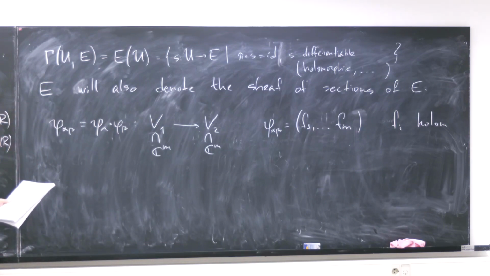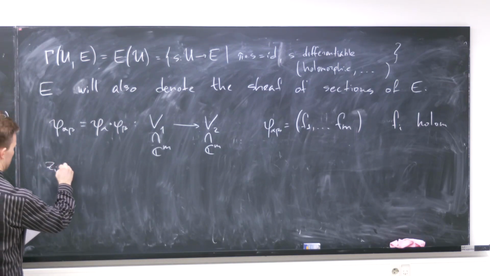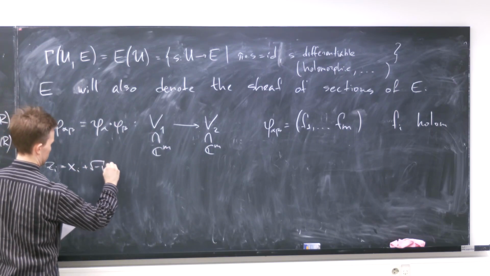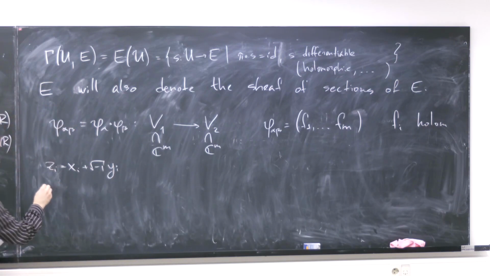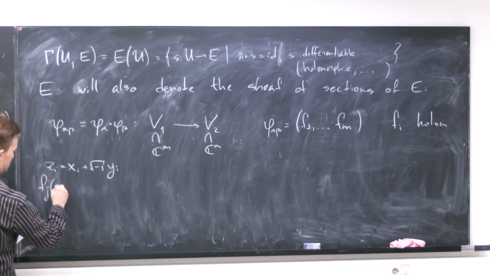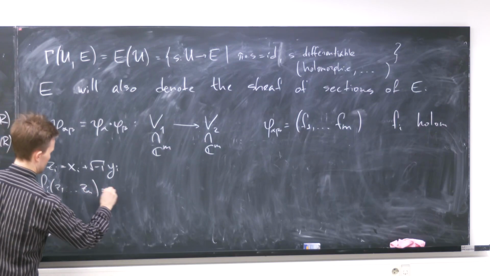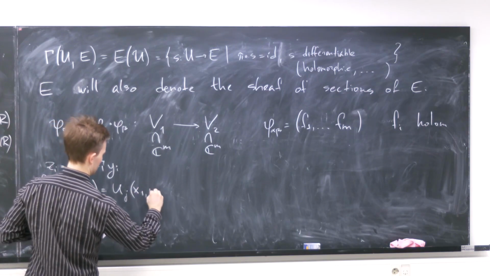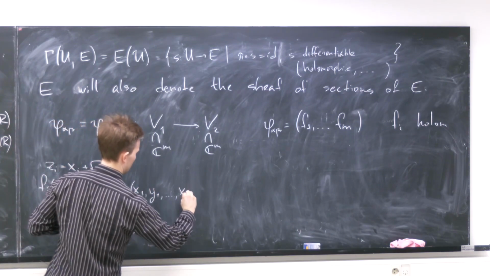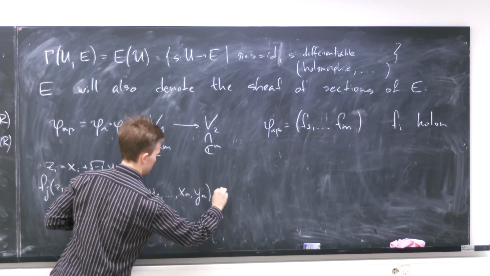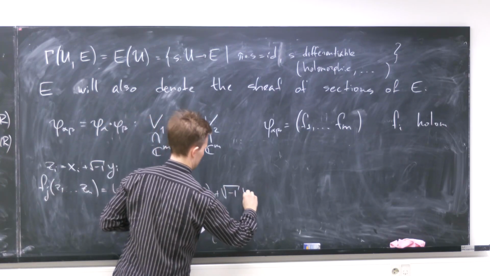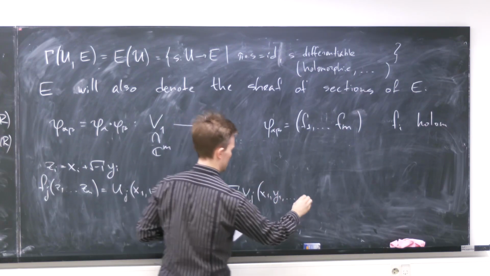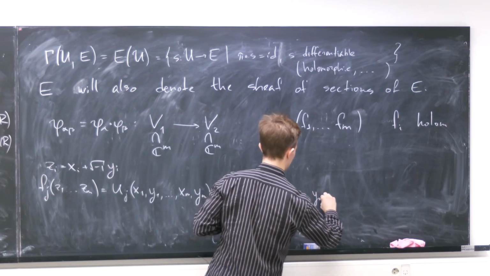So we denote the real and imaginary parts like this. Let z_i equal x_i plus imaginary unit times y_i, and then f_j of z_1, ..., z_m equals u_j of x_1, y_1, ..., x_m, y_m plus imaginary unit times v_j of x_1, y_1, ..., x_m, y_m.